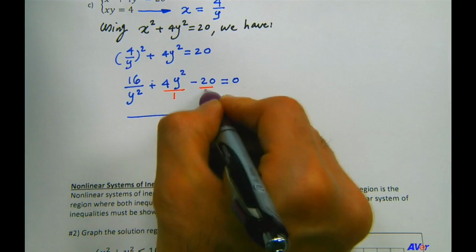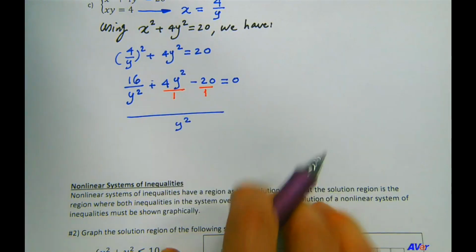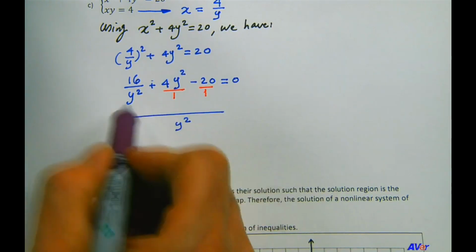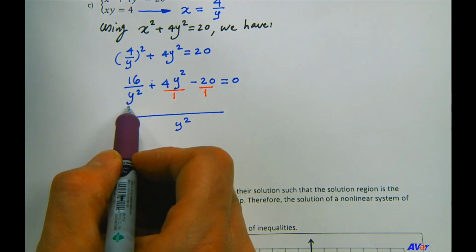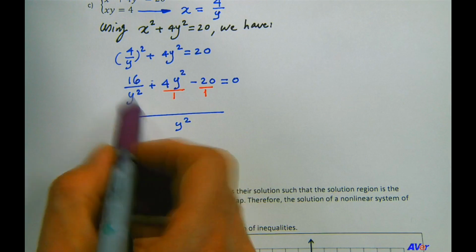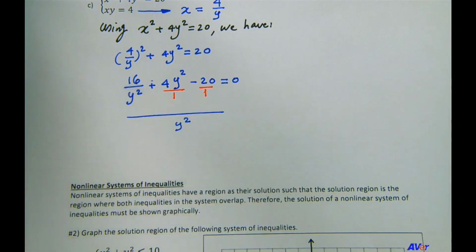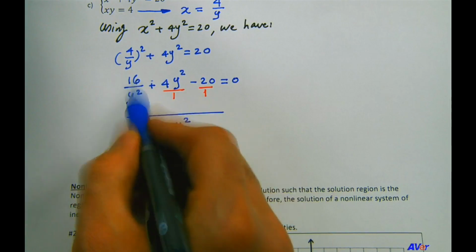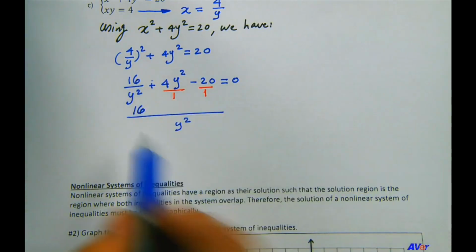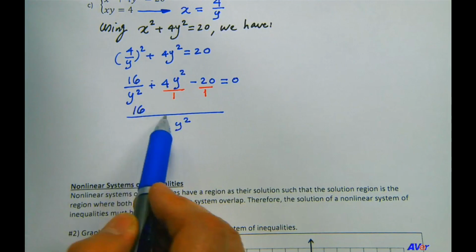The denominator here is 1, right? Compare this common denominator with this denominator. Is there anything missing? No, it's not missing. So this 16, we can write it without doing anything to it. We don't have to multiply the numerator and the denominator by anything because the denominators match.